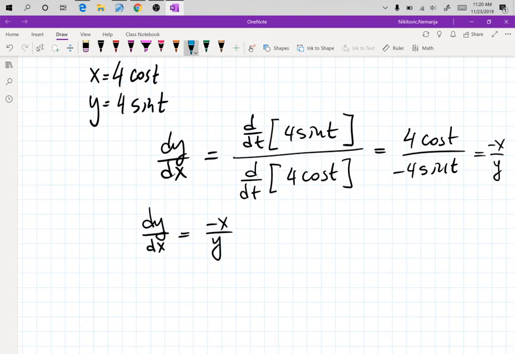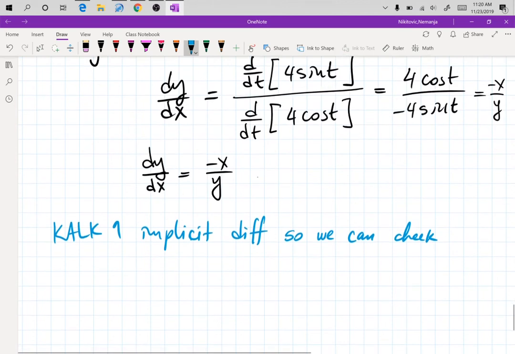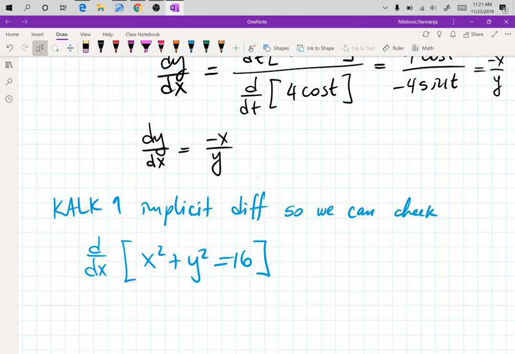Let's go blue. Calc 1, implicit differentiation, so we can check the result. You take the derivative with respect to x of x squared plus y squared equals 16. That's your circle.